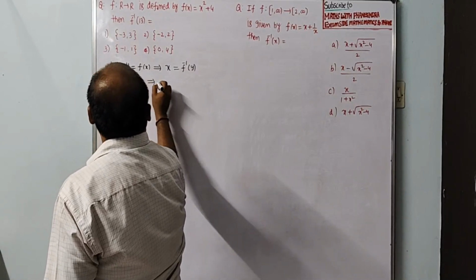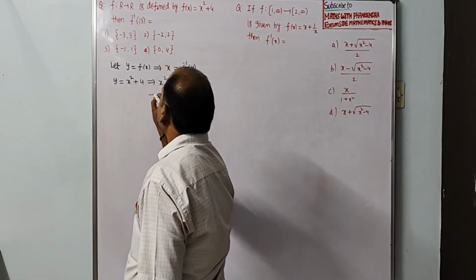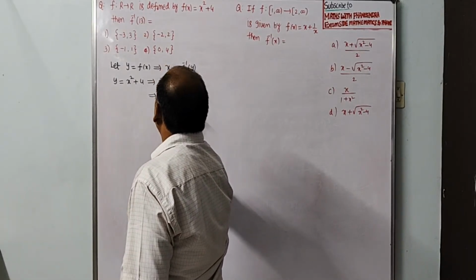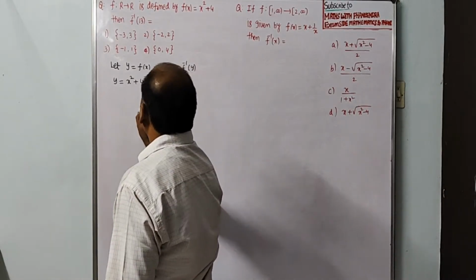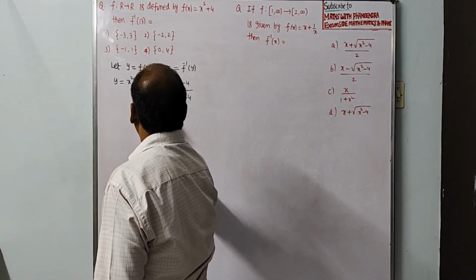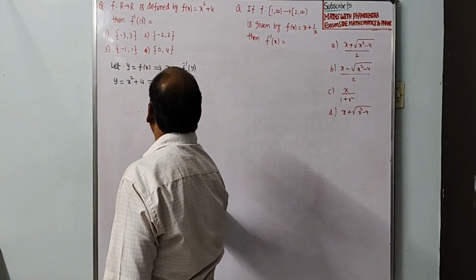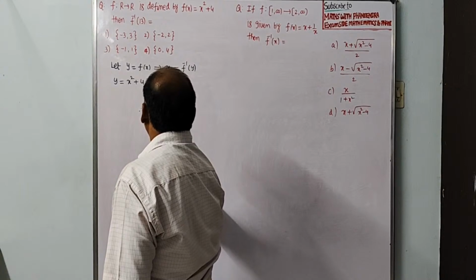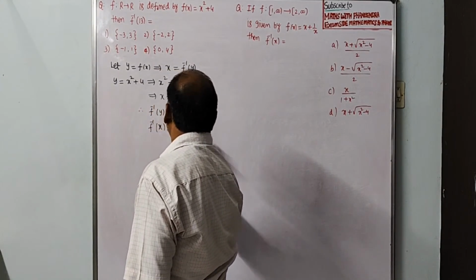That implies that x square equal to y minus 4. So x equal to square root of y minus 4. Therefore, f inverse of y equal to root of y minus 4. So f inverse of x is equal to square root of x minus 4.